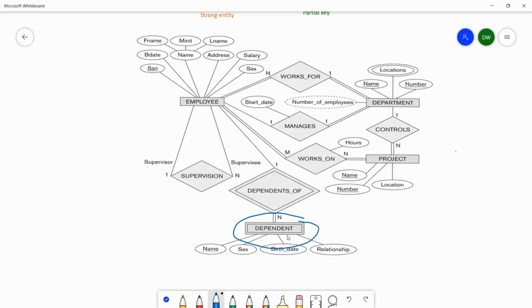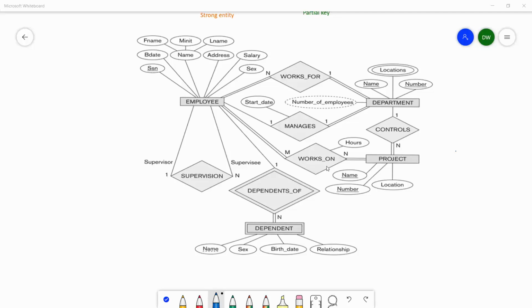So that is the answer. Most of you have given the correct answer, right? And again, what are the relationships we have? You can type. Okay, we have supervision, works for, manages, controls, as well as works on. Those are the relationships we have, right?